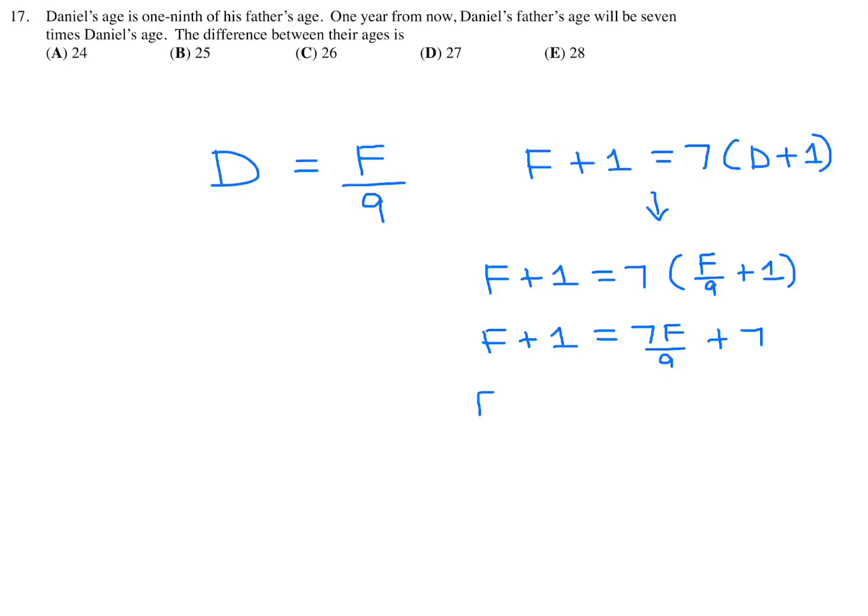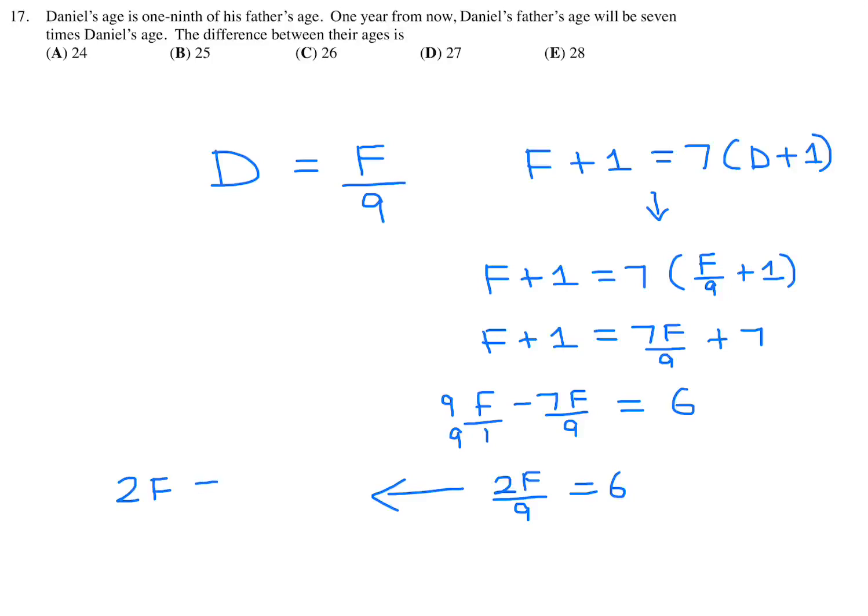We put all the f's on one side, 7f over 9, and this becomes 7 minus 1, which is 6. Get a common denominator. So we get 9f minus 7f, so 2f over 9 is equal to 6. So 2f is 6 times 9, which is 54, and therefore f is equal to 27.